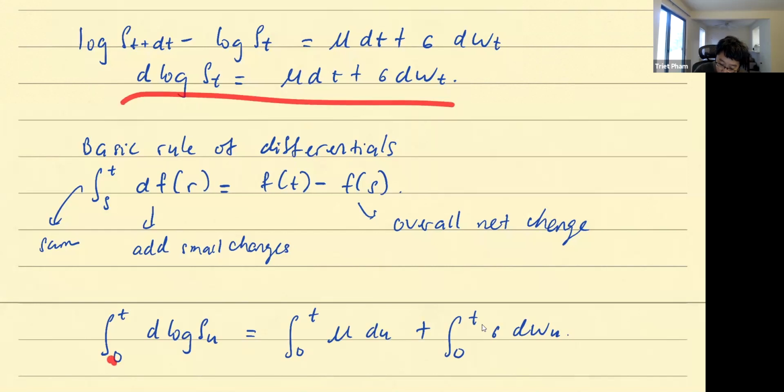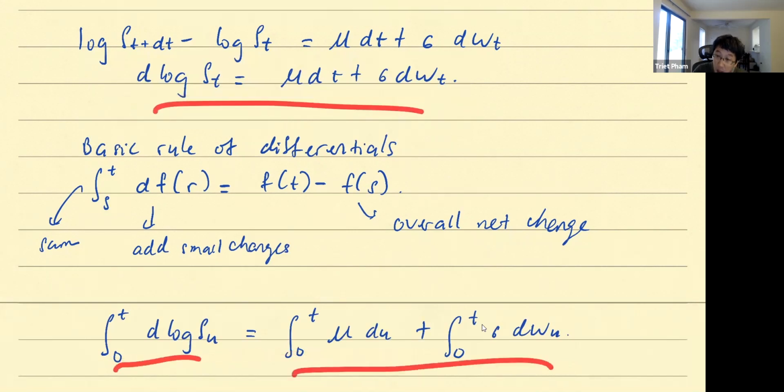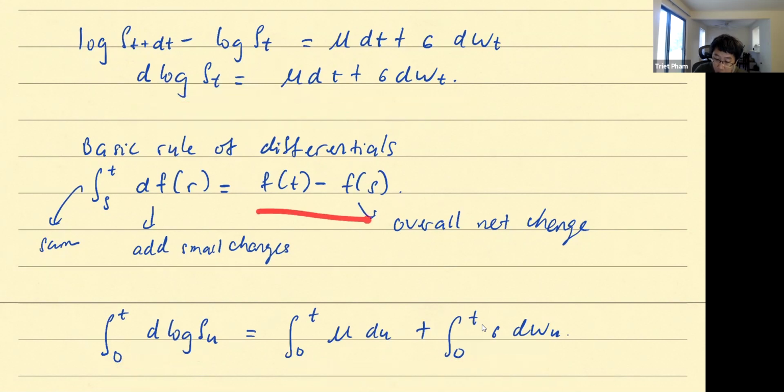From here to here, I'm saying the differentials are equal, the changes are equal everywhere, so if I add up all the changes, I also get equal net change. Any question?